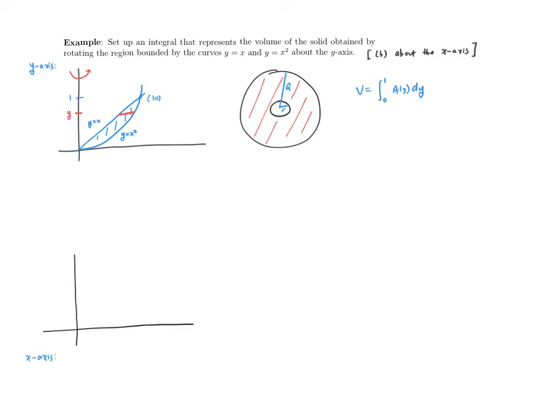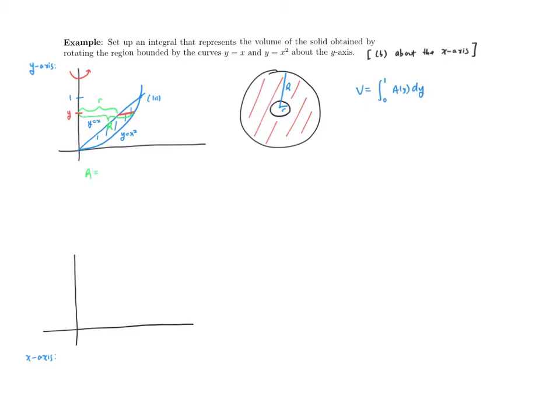We should be able to clearly identify these quantities in our picture. The radius of the small circle would be the distance from the curve closest to the y-axis to that y-axis. And similarly, big R would be the distance that further curve is away.